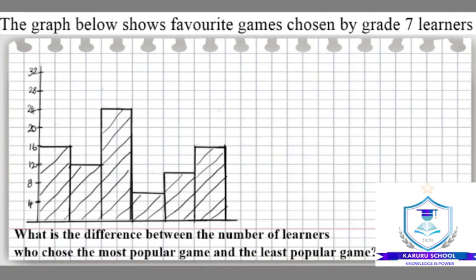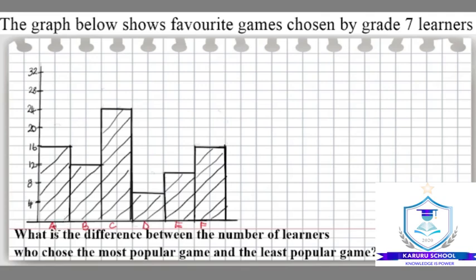We need to identify what each of the bars represent, and then identify what was the most popular game, and then identify what was the least popular game, then find the difference. So the first step is to identify how many learners preferred each of the particular games.